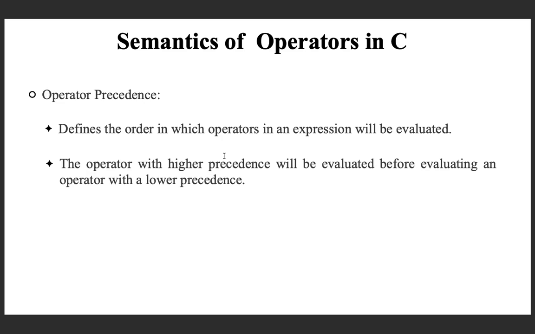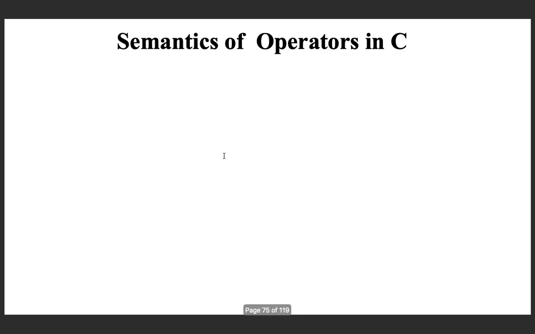So that is why multiplication is evaluated before addition. Then which are the various operators and their precedence, that we will see later. Then another thing, if you look at this expression, what is its value?